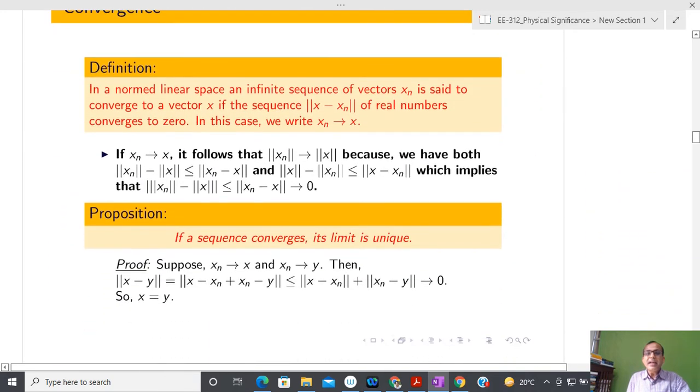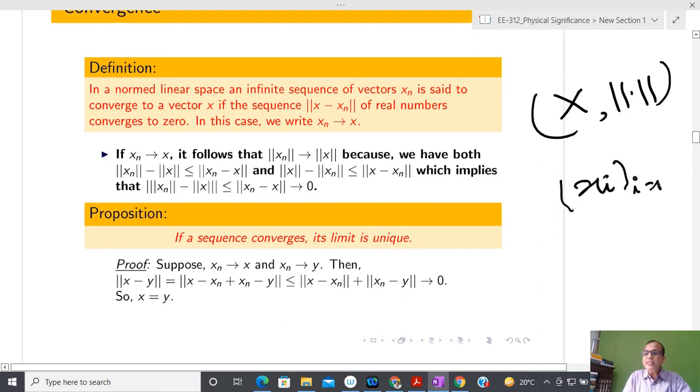We have a normed linear space and a sequence x_n, n from 1 to infinity, in this space.